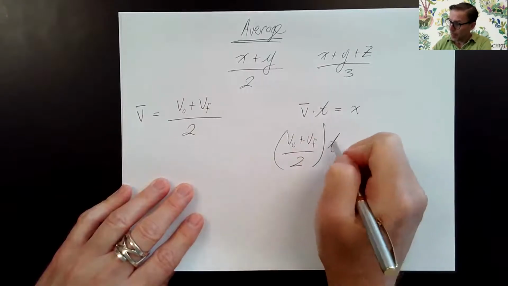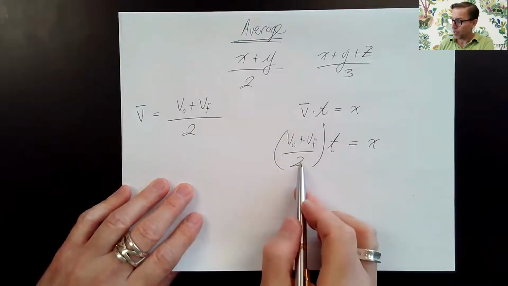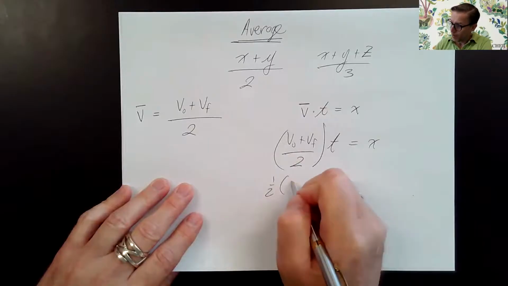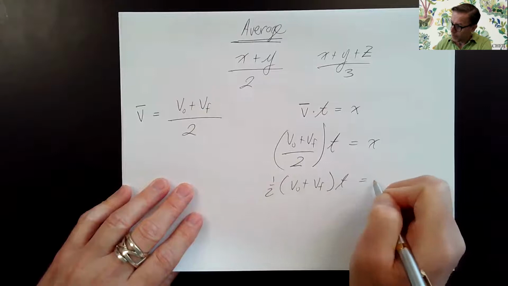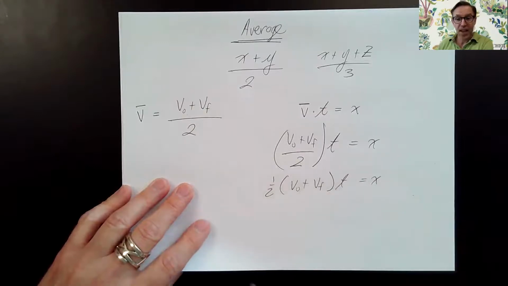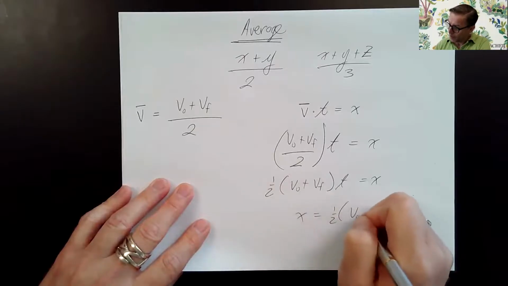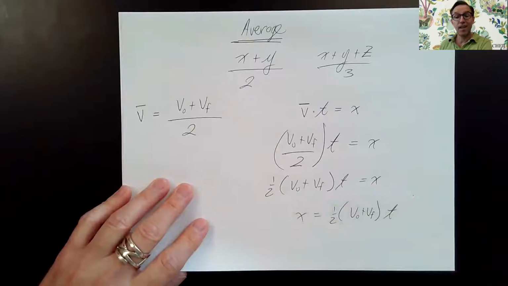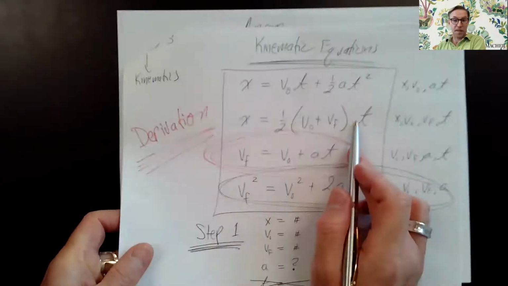And I'm going to multiply that by t and get x. And then I'm just going to factor out this 1/2. 1/2 (v initial plus v final) times t equals x. And then I'm going to switch sides. X equals 1/2 (v initial plus v final) times t. Oh, and that is the equation I was aiming for.